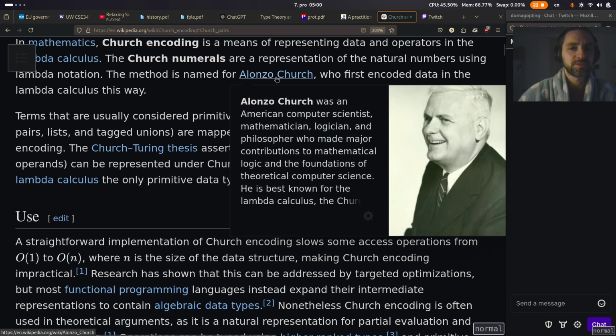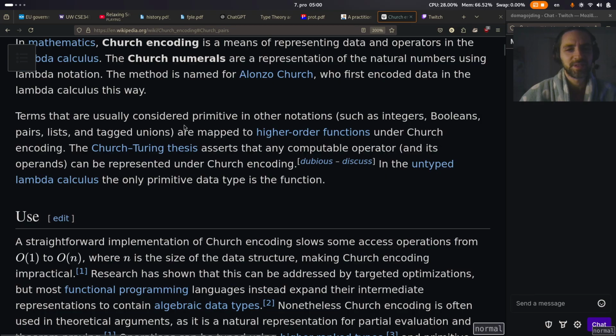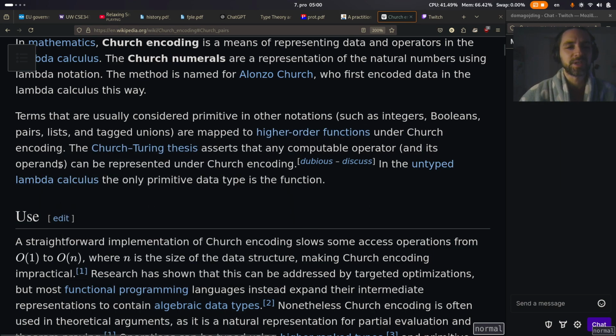So Alonzo Church, yeah, the smile, who first encoded data in Lambda Calculus this way. Maybe he liked jazz. I don't know. Terms that are usually considered primitive in other notations, such as integer, booleans, pairs, list, and tagged unions, are mapped to higher order functions under church encoding.